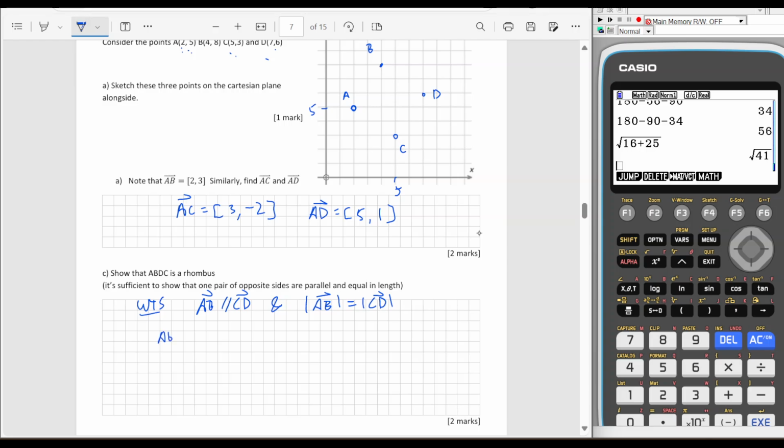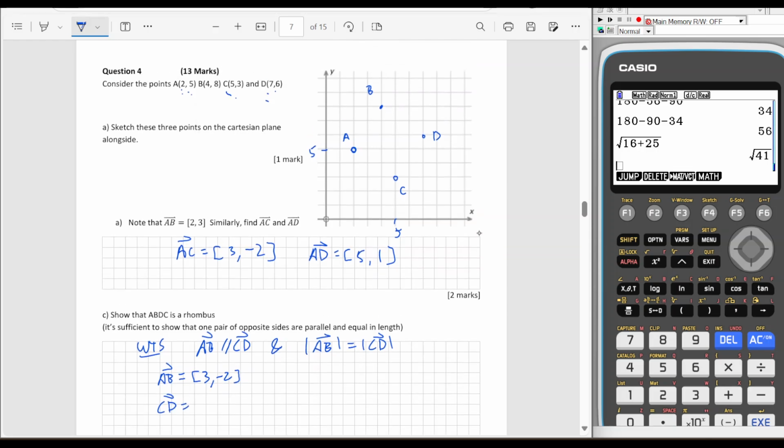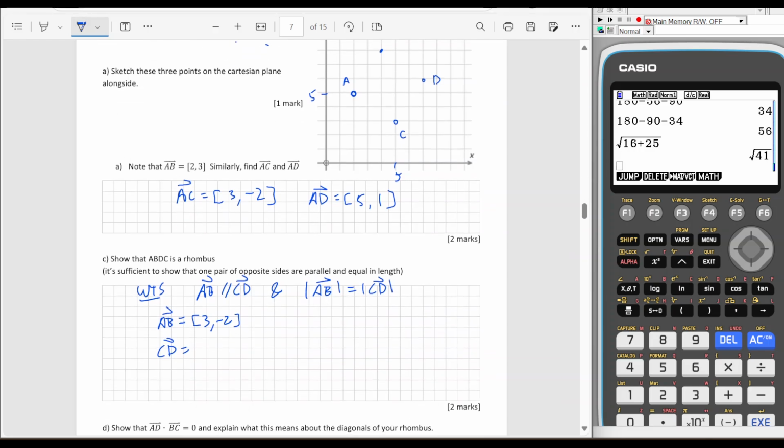So AB we already have. So that is 3 minus 2. And CD we can get, so it's 5 up to 7. Let's see. AB. Ah, sorry, my bad. I read off AC. AB is 2, 3. That was that vector up there.